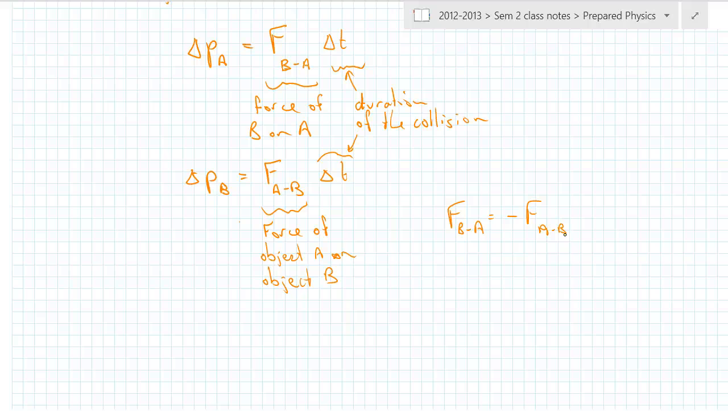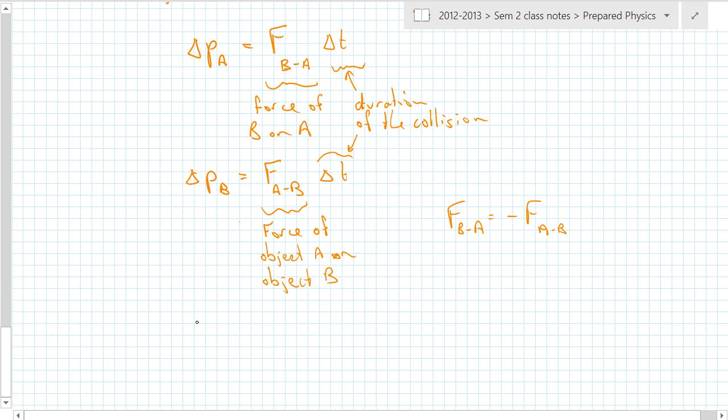Or A pushes on B just as hard as B pushes on A, which means delta P for object A is equal to the negative of delta P for object B, which means the total change in momentum, which is the change in momentum of A plus the change in momentum of B, is equal to negative that plus positive that, which is 0.